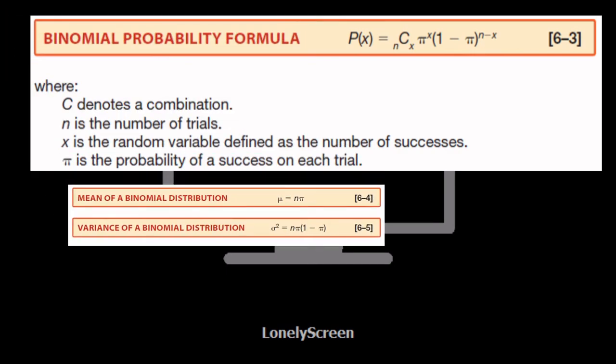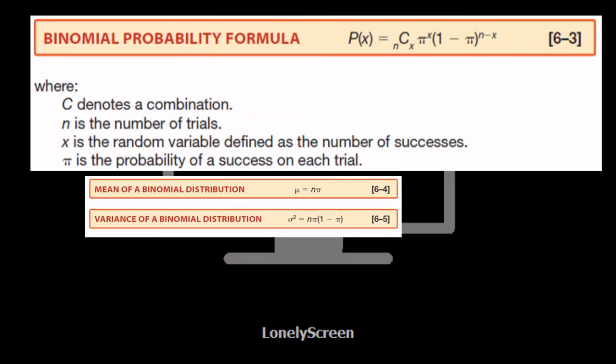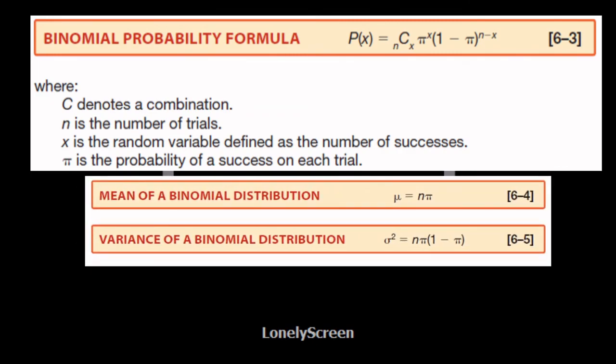Just to highlight lastly, why are we so interested in this? Notice how simple these equations are. The mean of a binomial distribution is simply n times pi. That's much more simplified than summing up x times the P of x and that whole process. And even more simplified, the variance of a binomial distribution is n times pi times 1 minus pi, right?